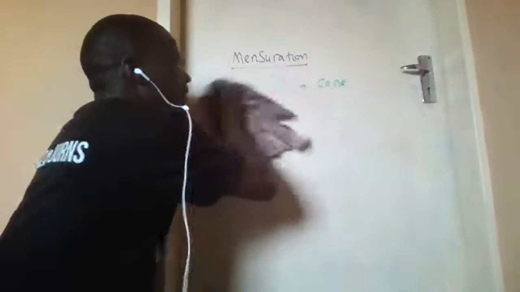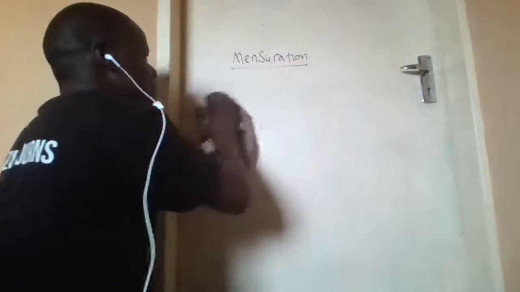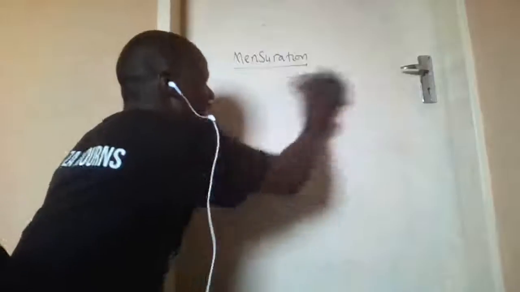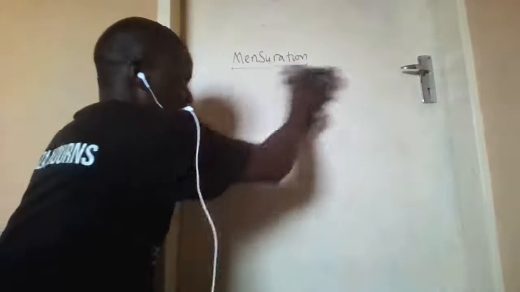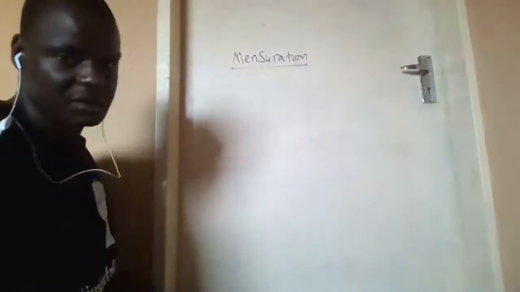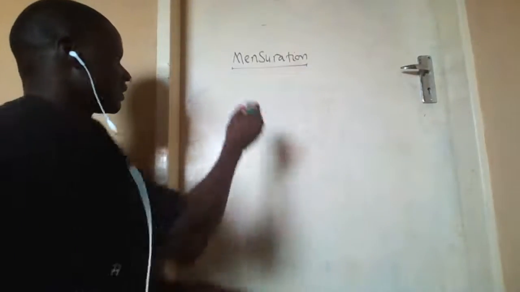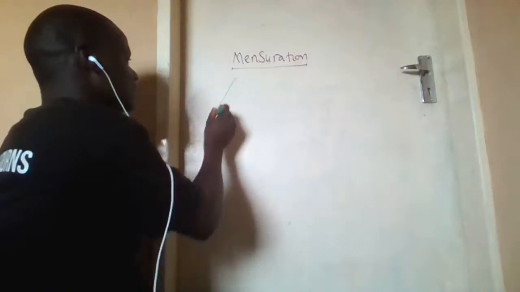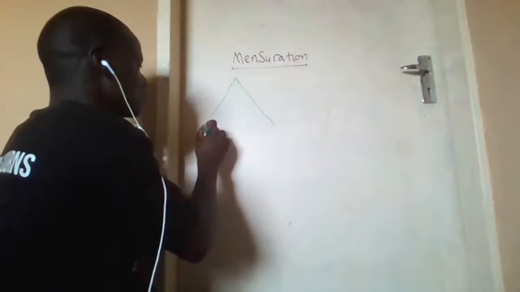Remember, we are looking at the volume of a cone. Just allow me to have this. But before I go to the question, let me give you a certain reminder. Like I had said, when you have a cone like this, if this is your cone, okay?